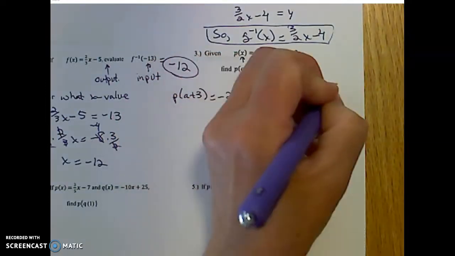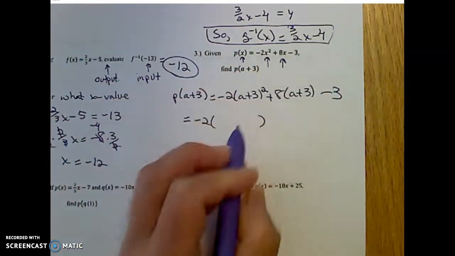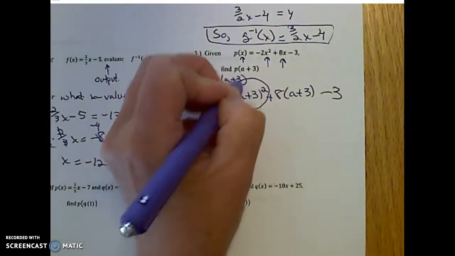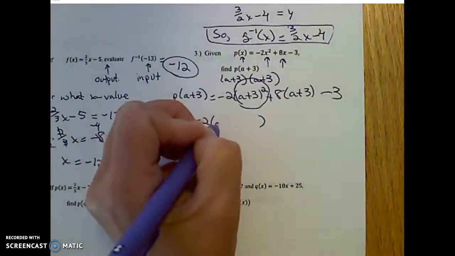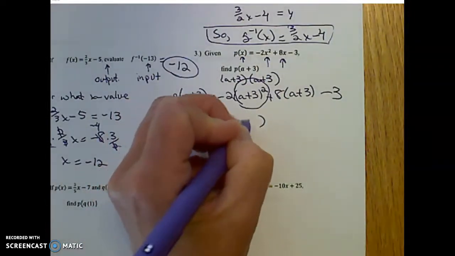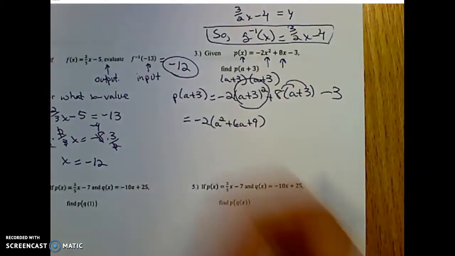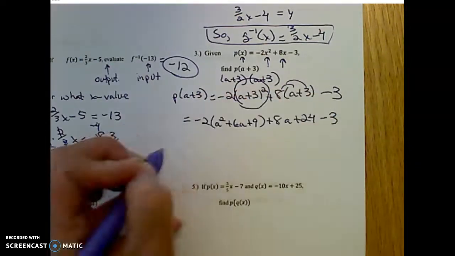Don't forget minus 3, which is equal to negative 2 times, I'm going to square this thing, which is a plus 3 times another a plus 3, which is a squared plus 6a plus 9. Distribute that 8. Plus 8a plus 24 minus 3.